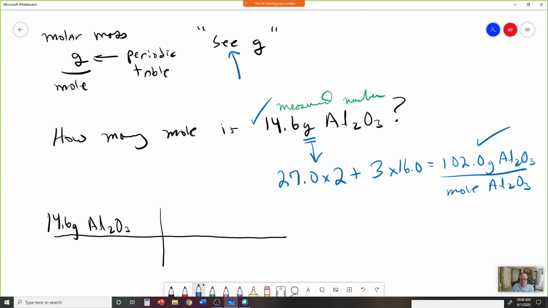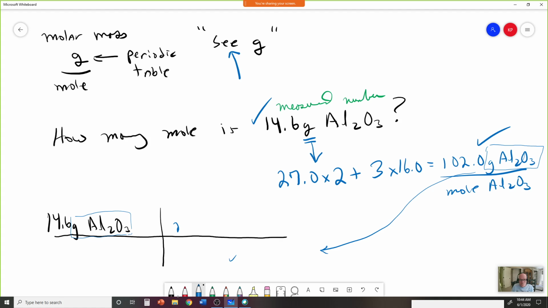Now, what comes next? Well, what comes next is whatever matches with the units. What do we have here? Grams aluminum oxide. That's what needs to go right there. Where do I see grams aluminum oxide? I see it right there. And so that's what's going to have to go over here. And so I'm going to have to flip it.